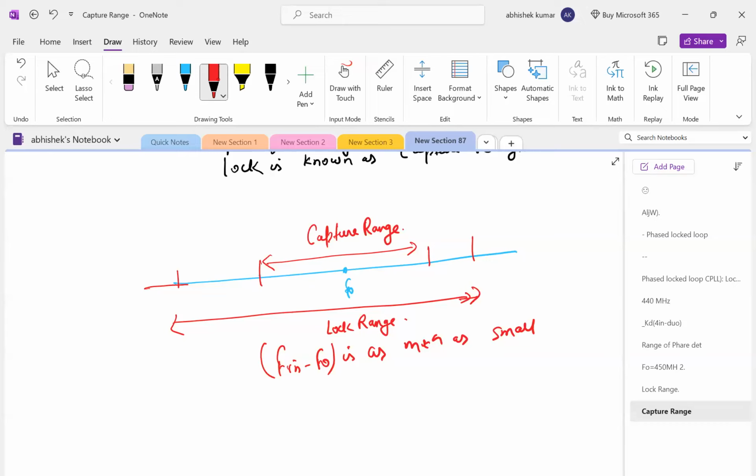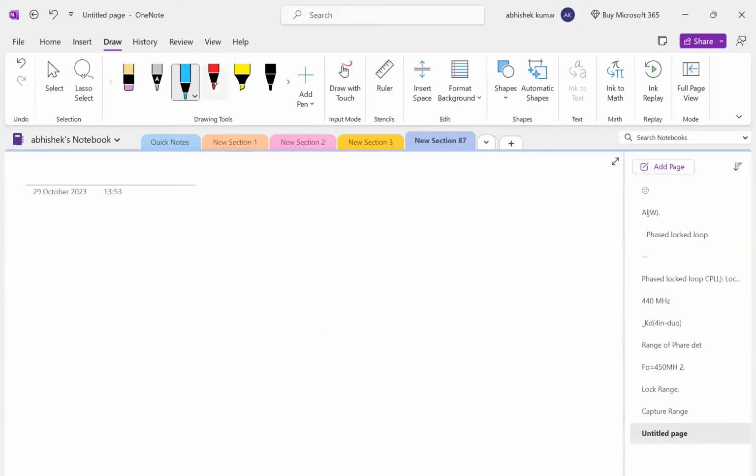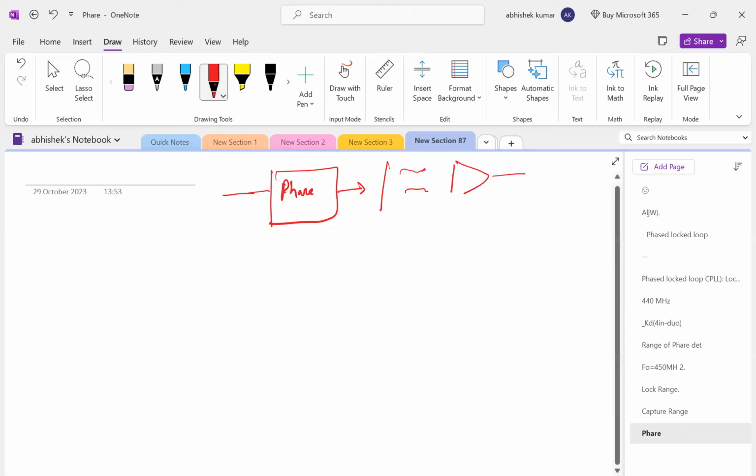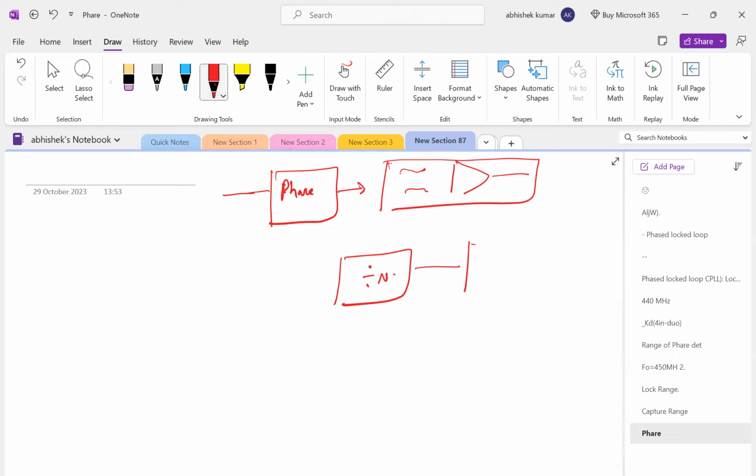We can see one good example of a PLL. We have a phase detector, a filter circuit, and amplifiers, and we have a divider. We are dividing the frequency, and we have the VCO here, and here we are giving F reference.